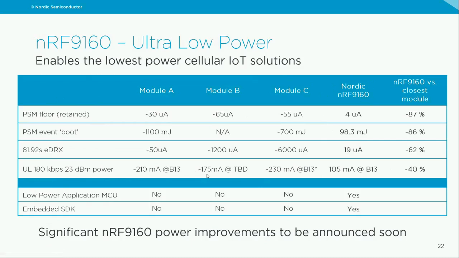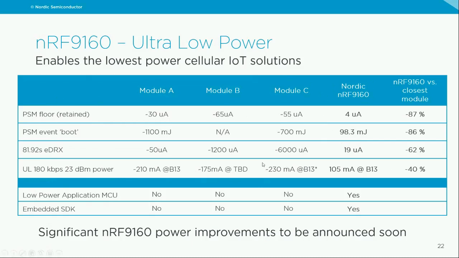This has to do with very optimized transceiver design, very optimized front end. We started all the front end work, all the system and package work in parallel with building our SoC. And we also have a modem architecture where the DSP is very efficient, and part of the modem can go to sleep basically all the time when it doesn't need to operate to very efficiently save power also during active cycles.